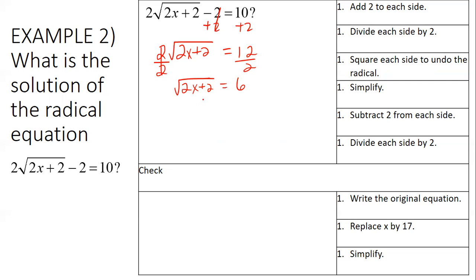What's our third step? Square. We got to square each side. So we're going to simplify, and we're left with 2x plus 2 equals 36. What's our next step? Subtract 2 from both sides.